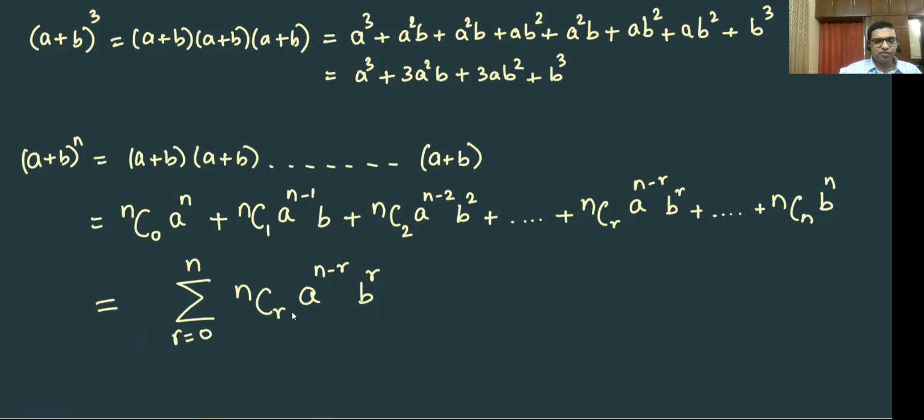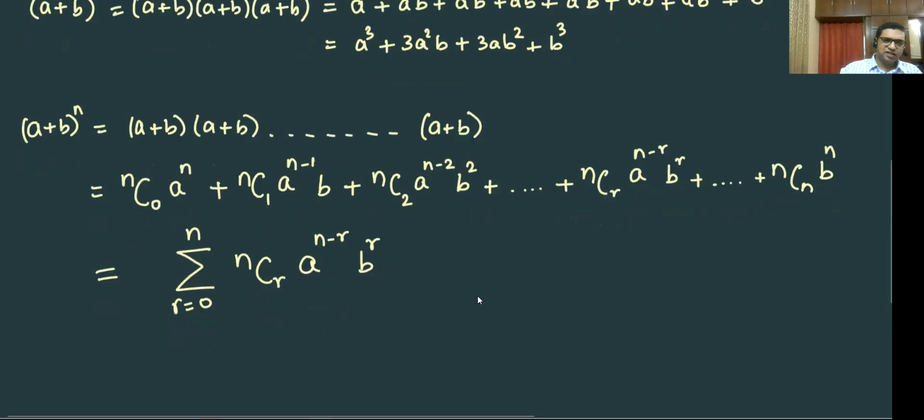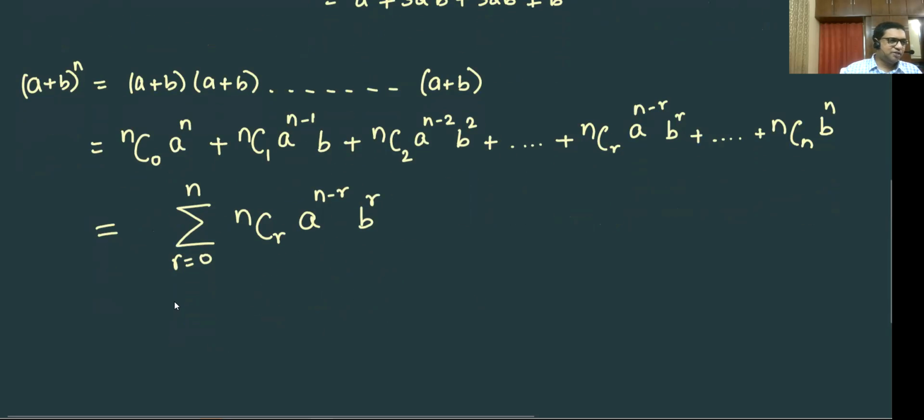So you substitute a value of r, that will be one term, plus the next value of r. When you substitute r equal to 0, you get nC0 a power n, the first term. r equal to 1, nC1 a power n minus 1 b, the second term. Next, r equal to 2, nC2 a power n minus 2 b square, the third term. This is the representation.